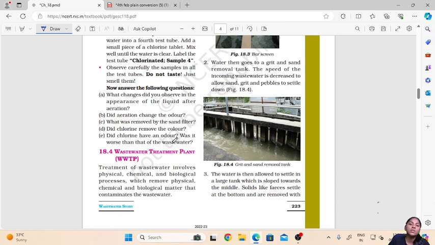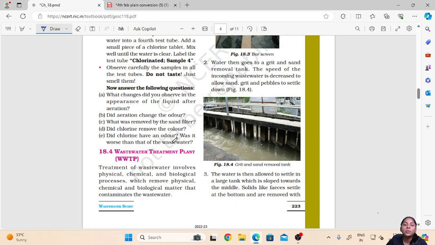Now the water which leaves our houses or hospitals or other offices, this water then goes through the sewers to the wastewater treatment plants. Now the wastewater contains various contaminants.